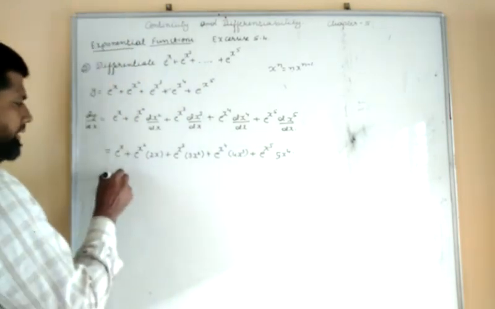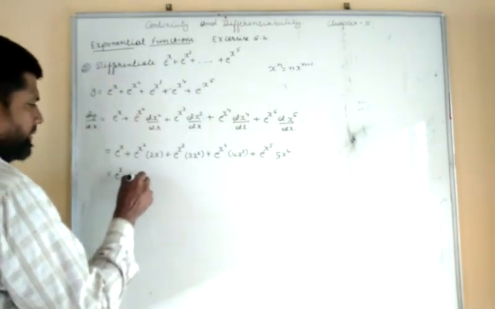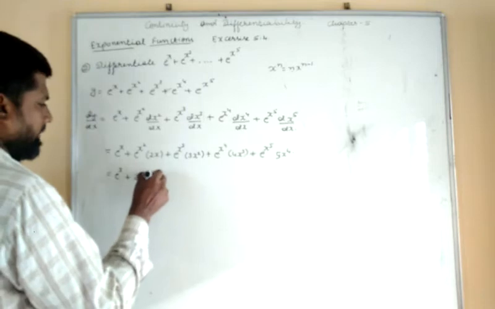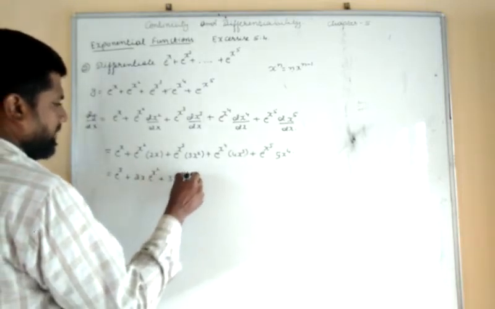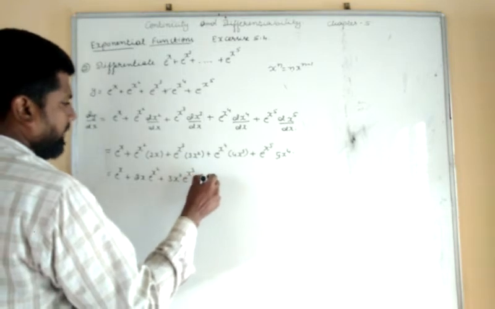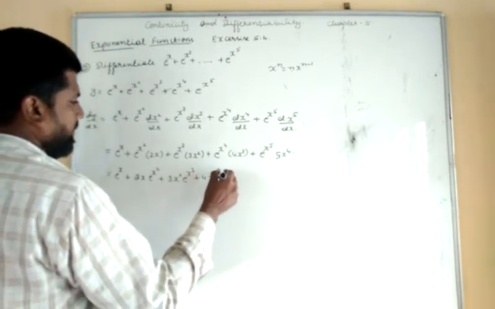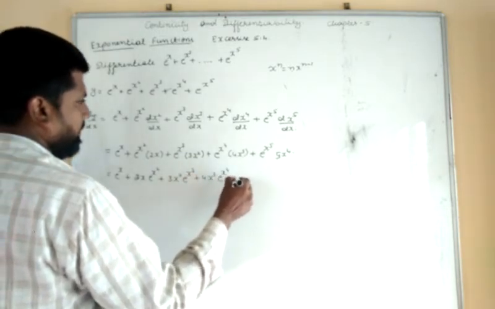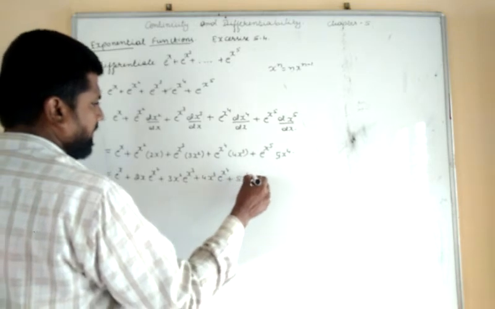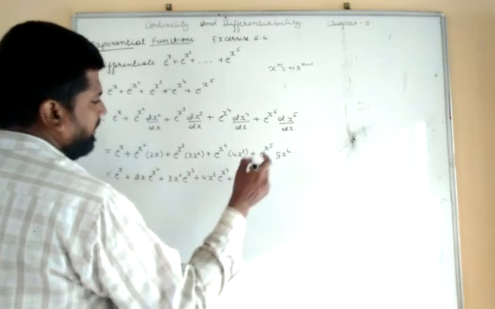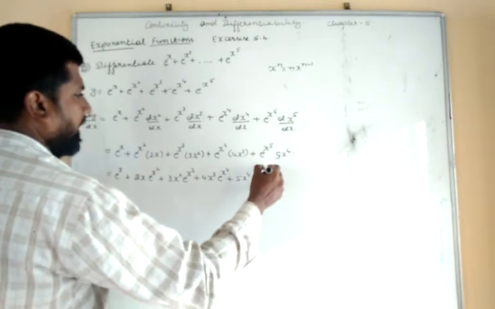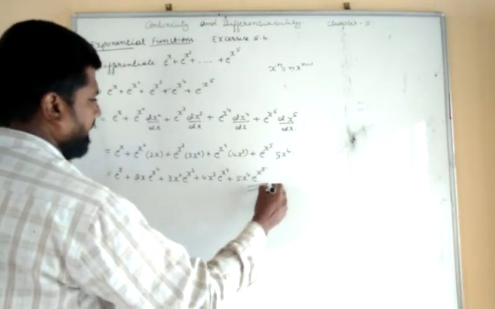So we can write e to the power of x plus 2x e to the power of x square plus 3x square e to the power of x cube plus 4x cube e to the power of x to the power of 4 plus 5x to the power of 4 into e to the power of x to the power of 5. This is the answer.